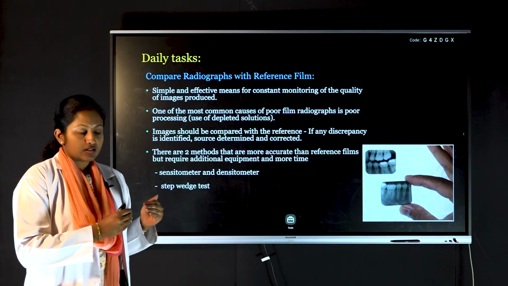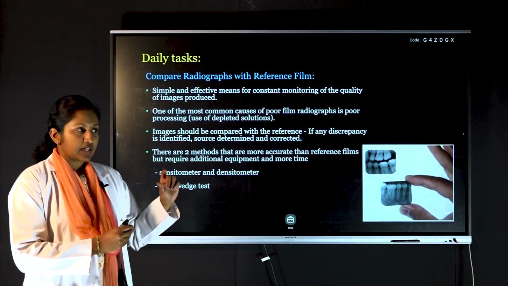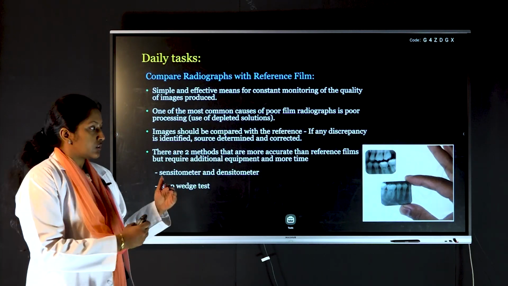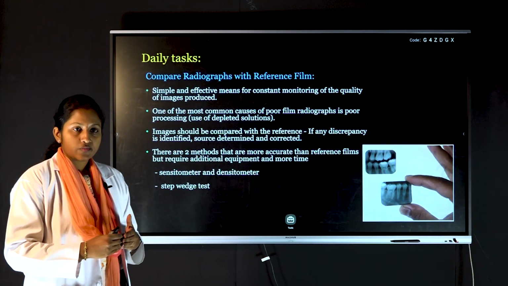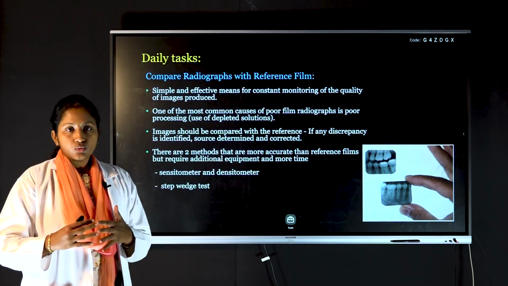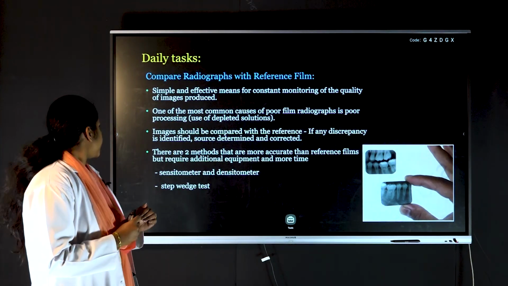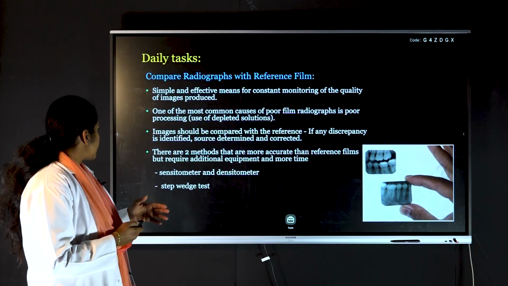At the start of the day, a reference film is taken, processed, and kept on the view box. The series of radiographs taken that day will be compared with the reference film to see that the density and contrast of the film is maintained. So this is about the reference film.